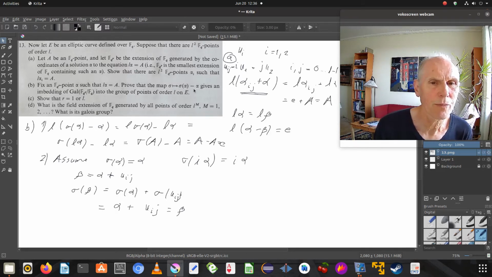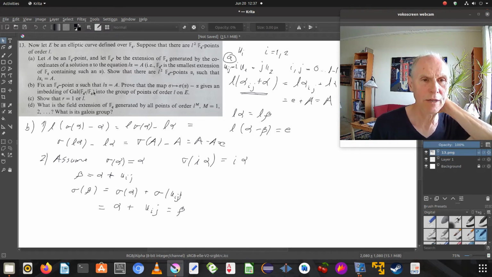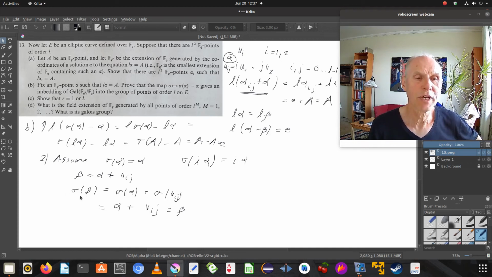So the minimal extension containing these points is Galois over FQ, and it's a finite extension, so it is one of these, and since it's the minimal, then if sigma is constant on all of them, they will generate a subfield.